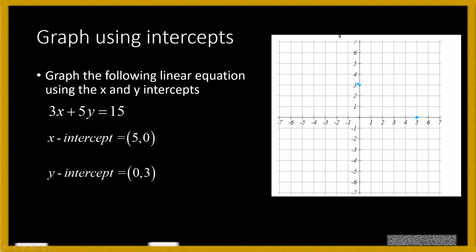Now I have my two dots, and I want to use a straight edge or ruler to draw a good straight line. Whenever you're graphing manually, make sure that you have a straight line. The next thing I'm going to do is demonstrate how to graph using the XYZ software.